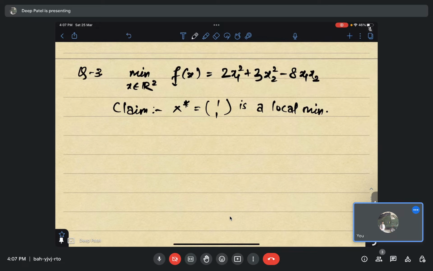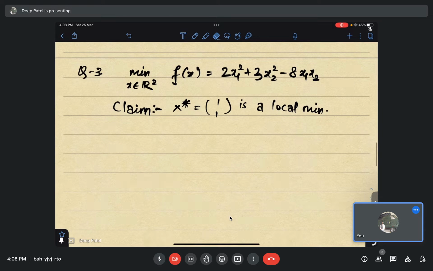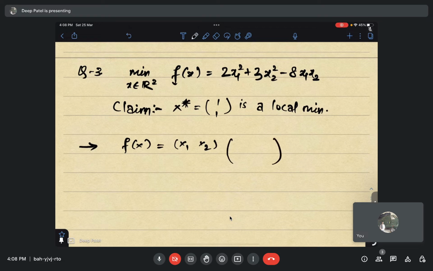So do we need to complete this? I thought of doing it by completing the square. Is that okay, just for the simple case? In general, you can just make a matrix and see from there. So we can do that also. So we can write the quadratic form expression.